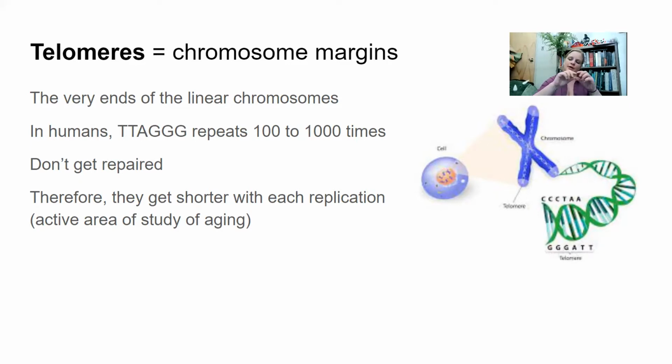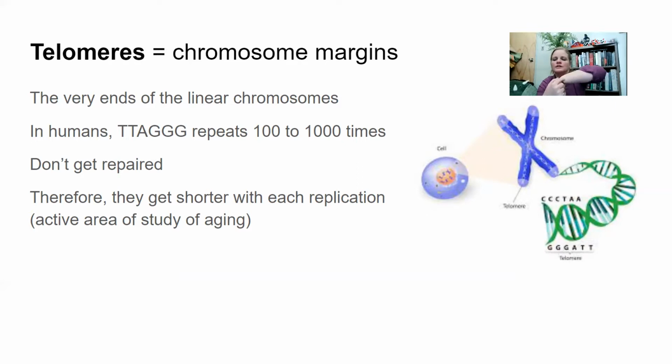Remember, we talked about in the prokaryotes, where the RNA primer was glommed on, that can be replaced with DNA. But if we have a linear thing, we've got to start somewhere. So now the chromosome is shorter, and so now we have to start here. And so the next time we replicate, we have to replicate here.